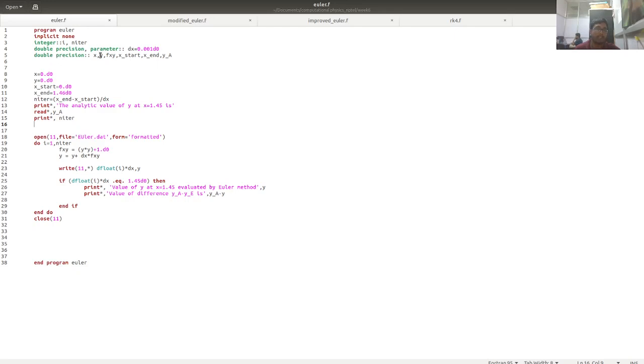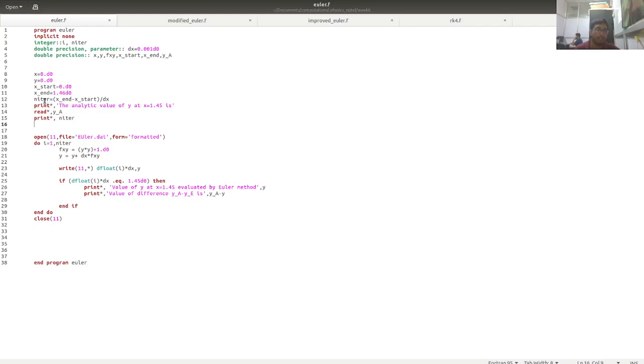Then I have defined x start and x end, which are given in the question: x will start from 0 and end at 1.46.